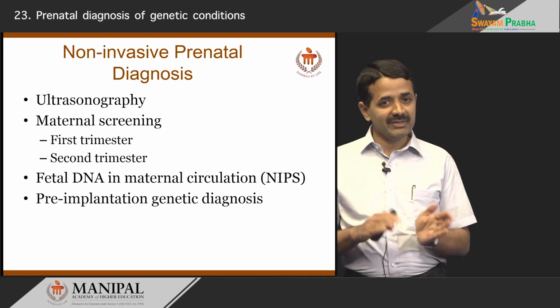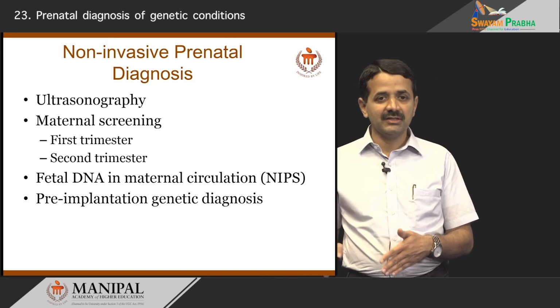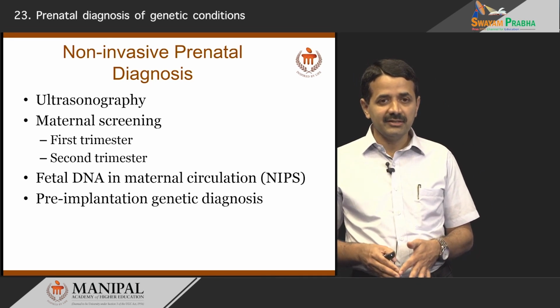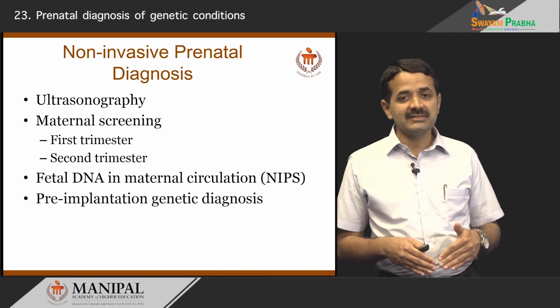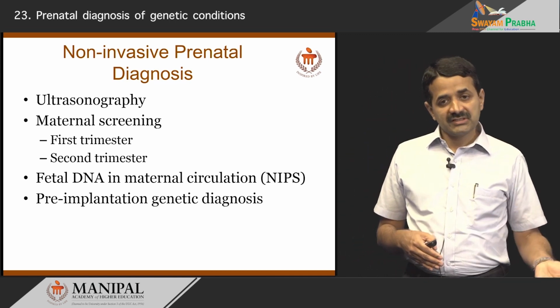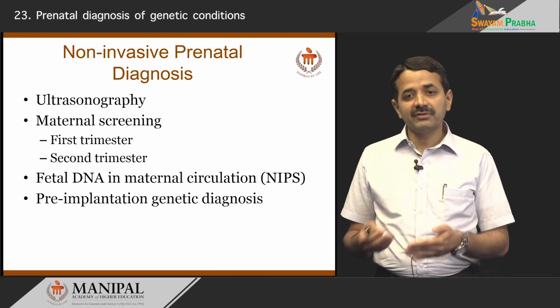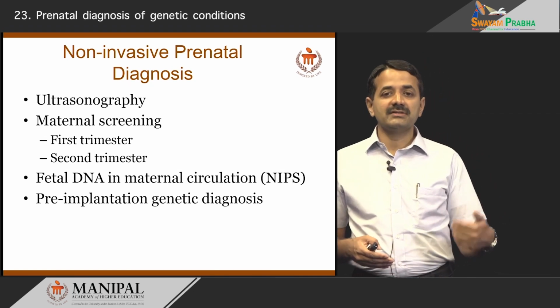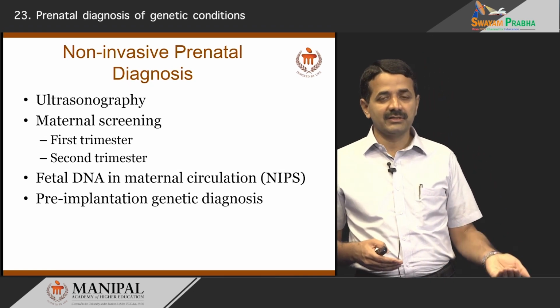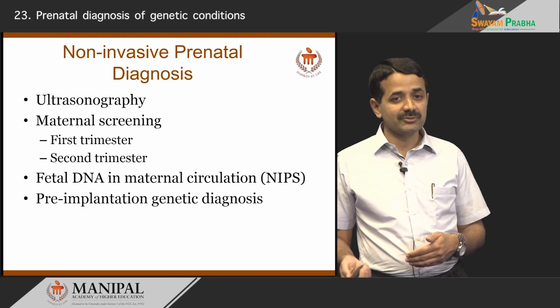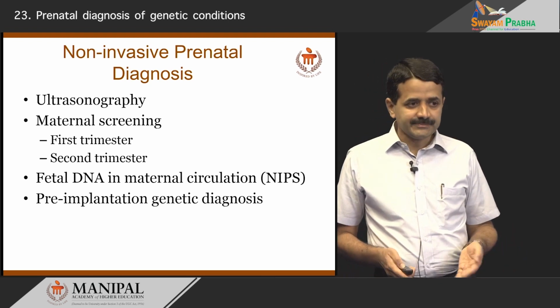I will not be discussing pre-implantation genetic diagnosis further in my presentation today, but this is one of the important ways to prevent abortions: before the embryo is implanted, you can test it for a particular genetic problem, which can be chromosomal or non-chromosomal.